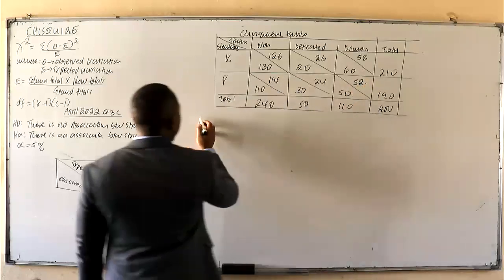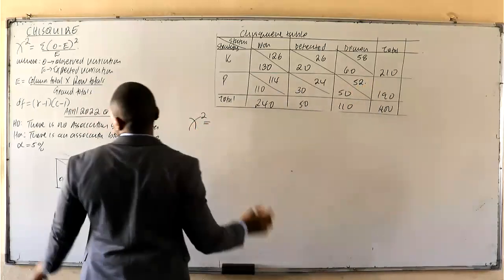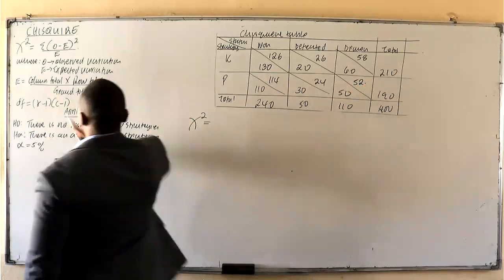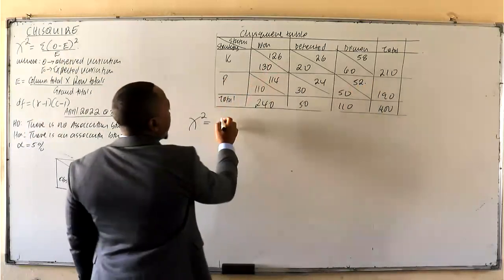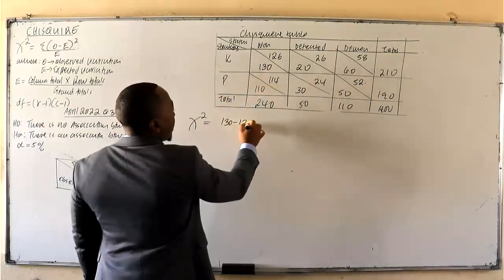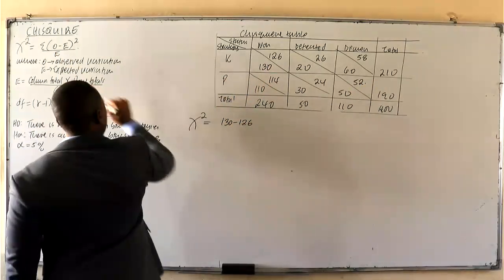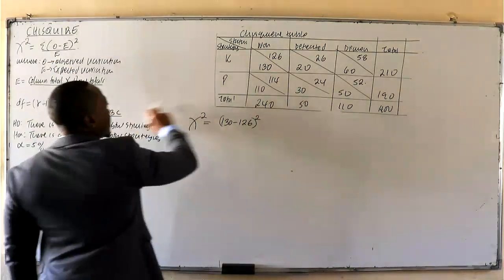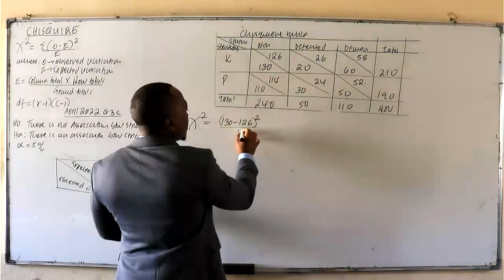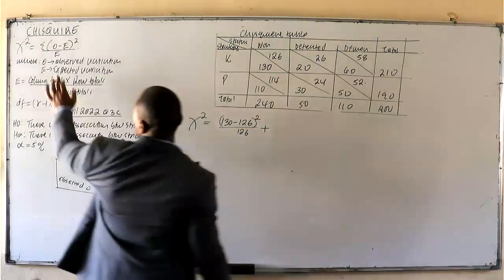So now we can get our chi-square. To get the chi-square, you take the observed minus expected, square it, and divide by the expected. So 130 minus 126 squared over 126, plus you need to sum all of them.